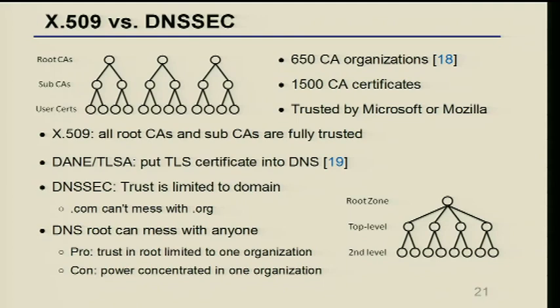And more than 1,500 root CA certificates are actually trusted by your web browsers. The problem with X509 is you can't really delegate only a part of a trust. So you can't say, okay, this CA is only allowed to issue certificates for this and this domain. This is not possible. If you have a CA, it can issue certificates for every domain.